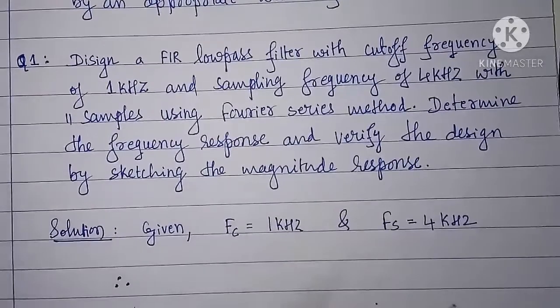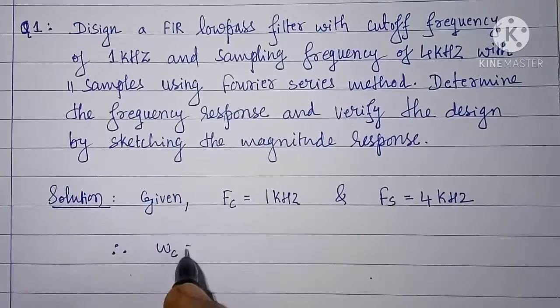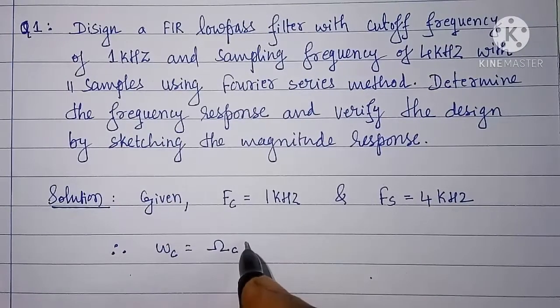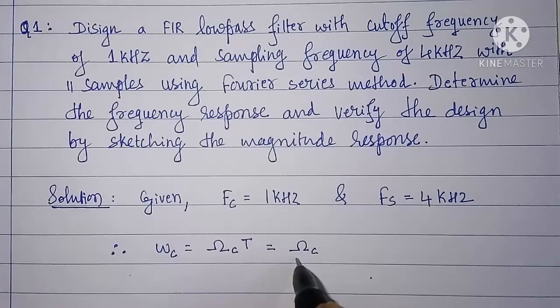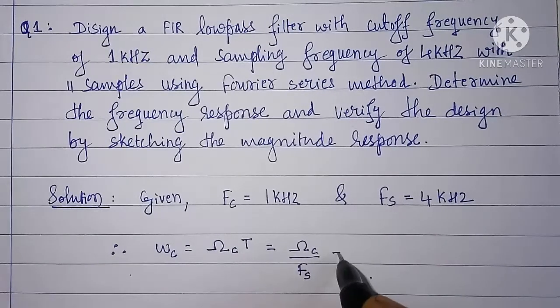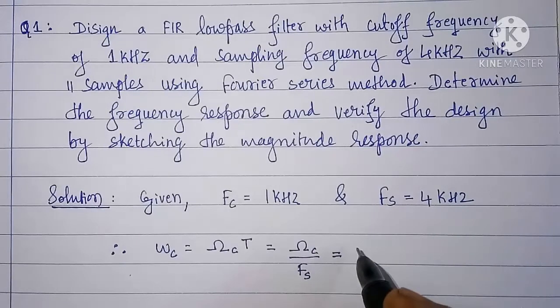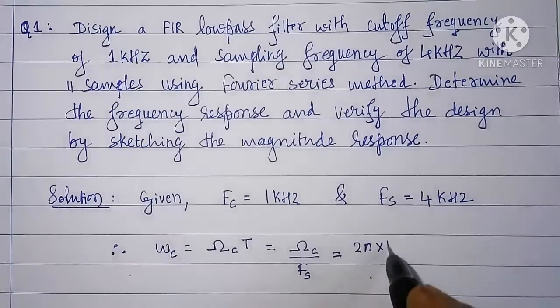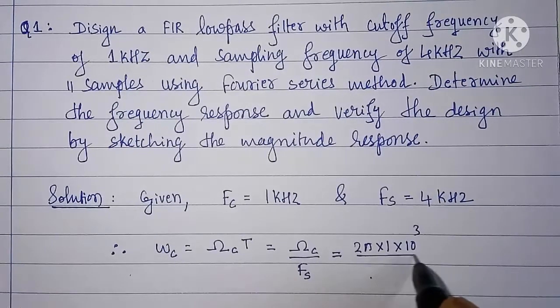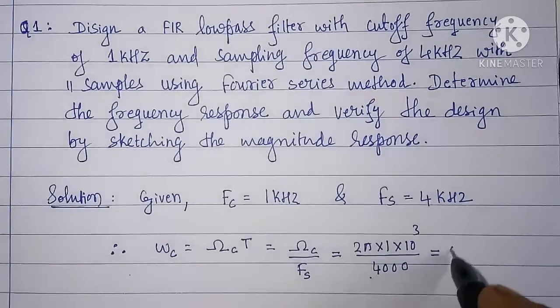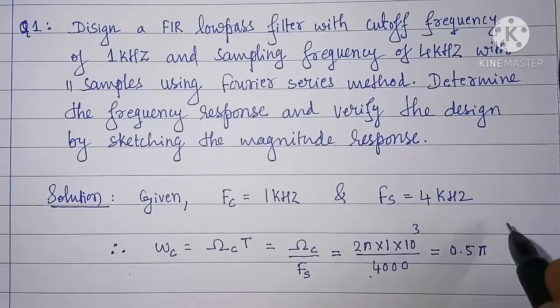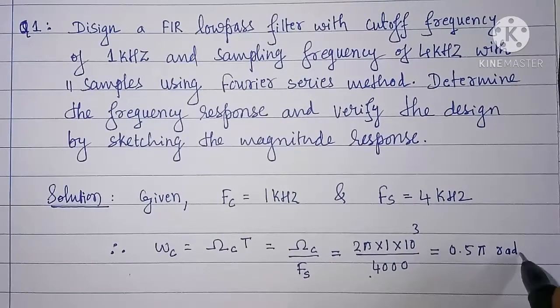Therefore, omega c is equal to analog frequency omega c into capital T, or that is equal to omega c into 1 by Fs, that is 2 pi into 1 into 10 raised to 3 divided by 4000, which simplifies to 0.5 pi radian per sample.